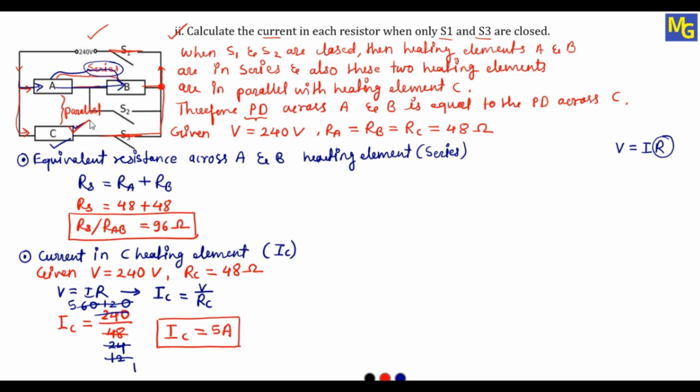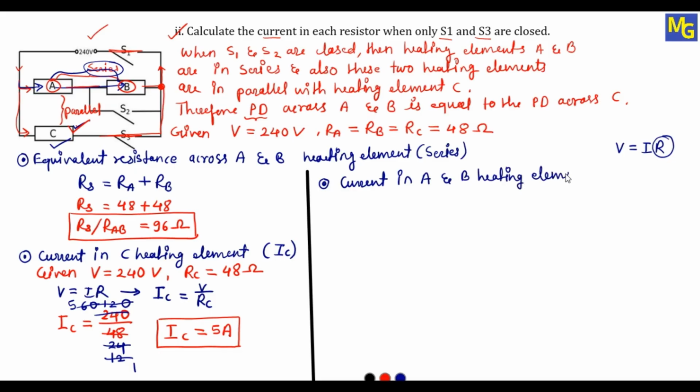So whatever current will move in A, same current will move in B. Therefore now we will find out the current in A. So here now I'll write current in A and B heating element. And how we can denote this? Because we are finding the current in both, we can denote it as I A B. So like this we can denote.